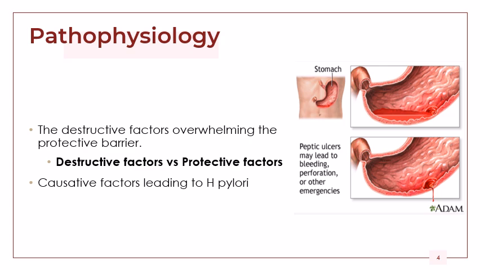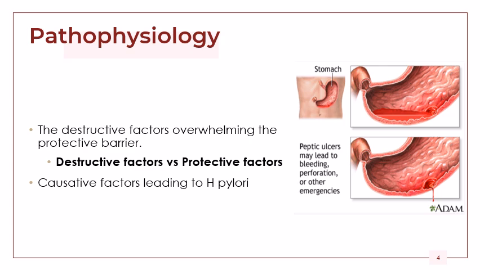Pathophysiology: the destructive factors overwhelming our protective barriers, the destructive factors versus the protective factors, the causative factors leading to H. pylori. The destructive factors overwhelm the protective barriers, exposing the stomach lining to the HCl and pepsin action, leading to the development of ulcer sores.